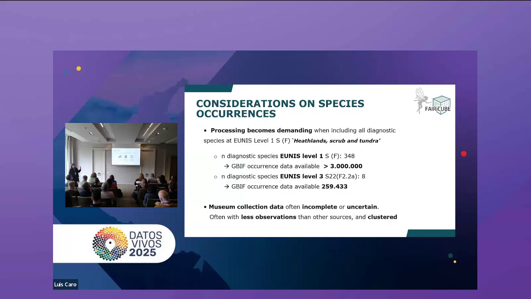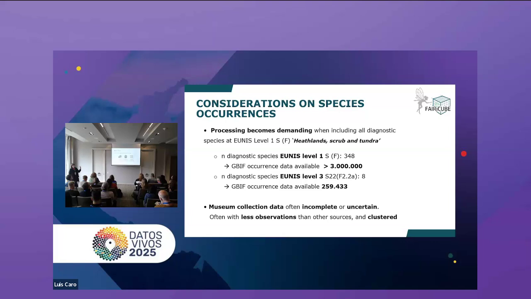And then what we could get from this project mainly was that plotting all this data at the bigger level of the EUNIS level 1, using all the diagnostic species considered, so 348, is just too much for the processing. And so we chose level 3 of the EUNIS classification, which had way less occurrence data.